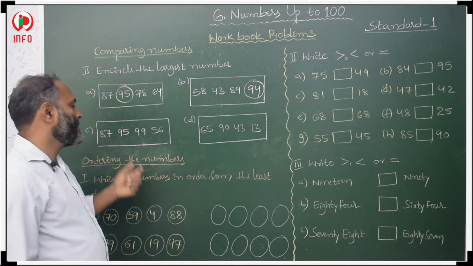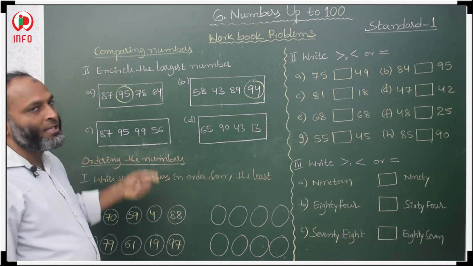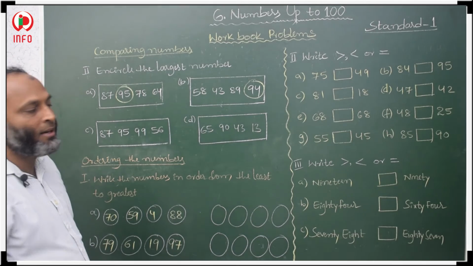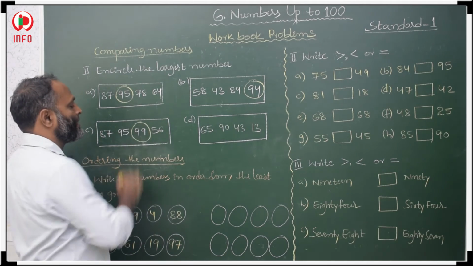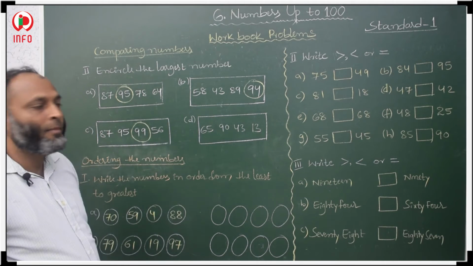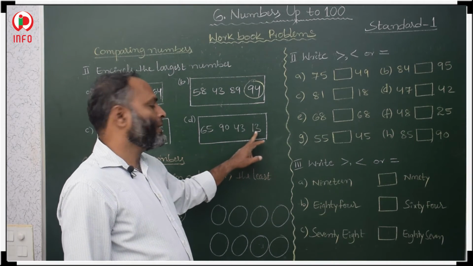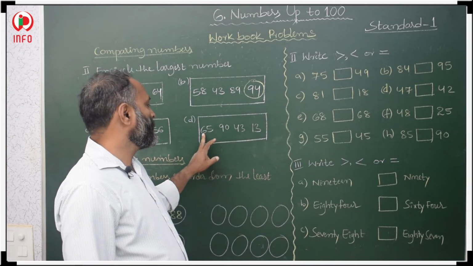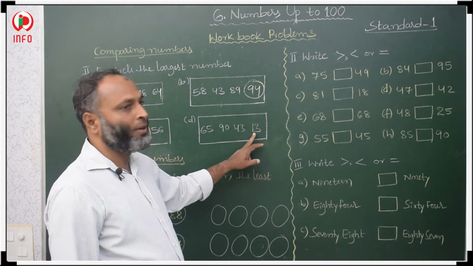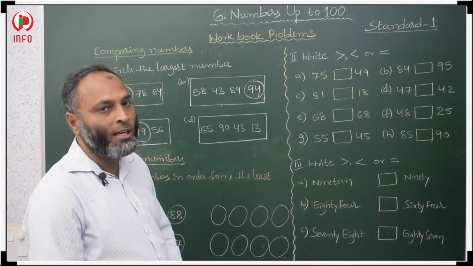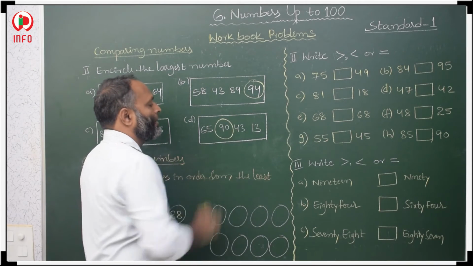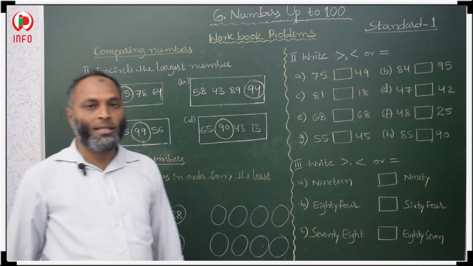Check in ones place, 5 and 9. Which one is bigger? 9 is bigger. So 99 is the largest number. Now 65, 90, 43, 13. 6, 9, 4, 3. 9 is larger. So 90 is the largest number.